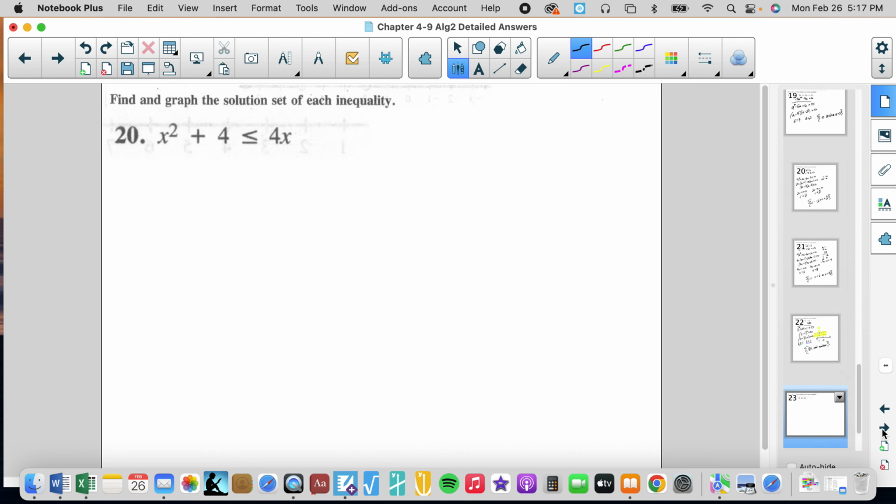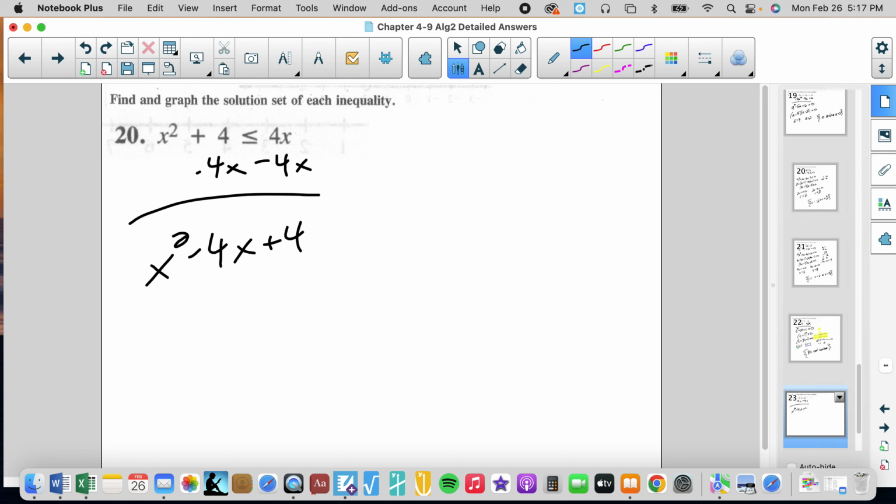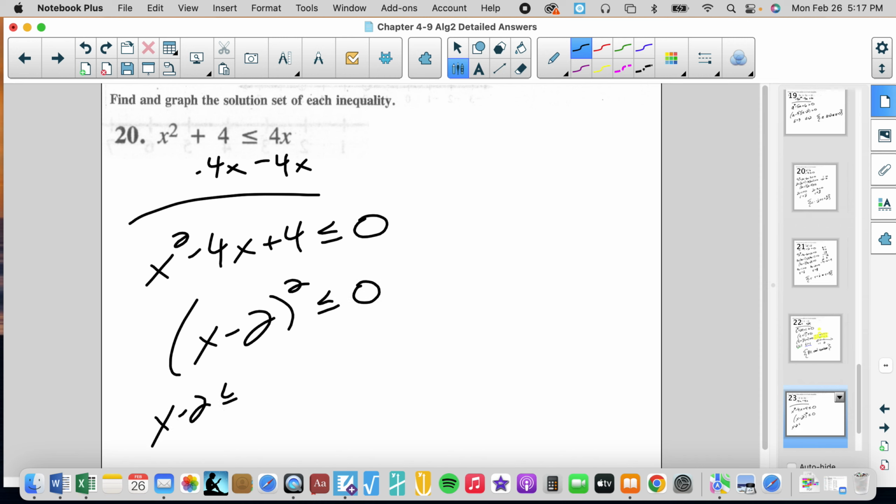Okay. You didn't get me. Minus 4x. That's going to be a binomial square also. And it's just going to be x minus 2. So we get x minus 2 and x minus 2. Oh, it's less than. So it's negative.